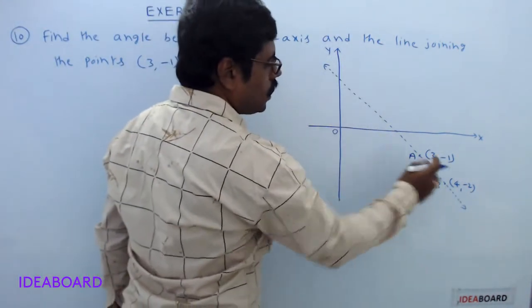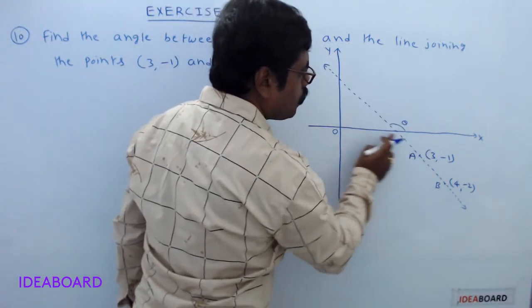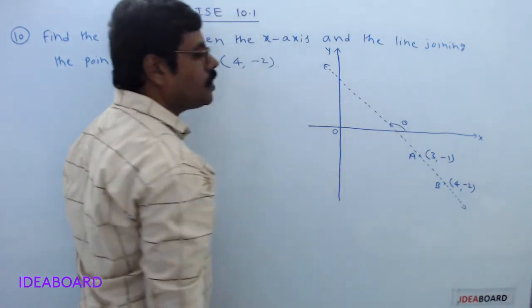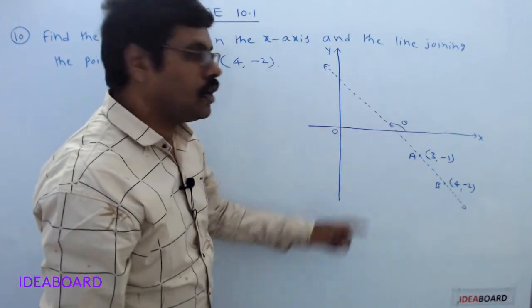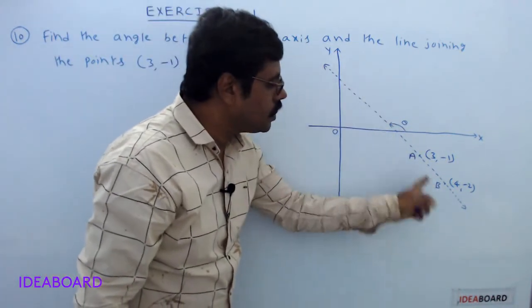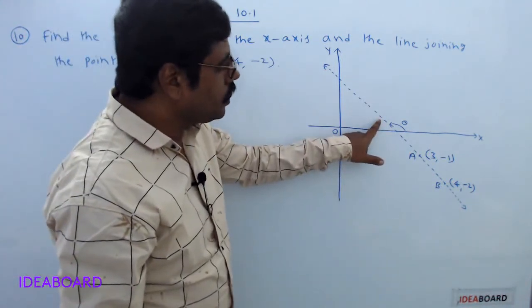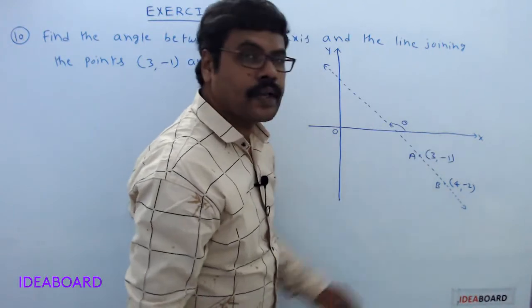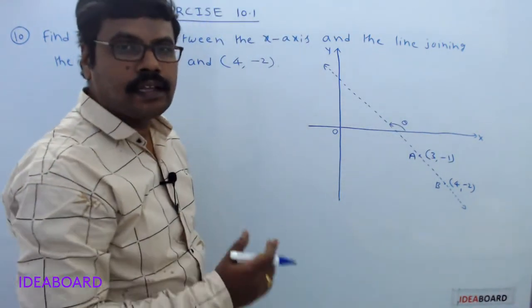Suppose this line makes an angle theta with the positive direction of x-axis and measured in an anti-clockwise direction, then this theta is called inclination of the line AB. What is my assumption? The line AB makes an angle theta with the positive direction of x-axis measured in an anti-clockwise direction.